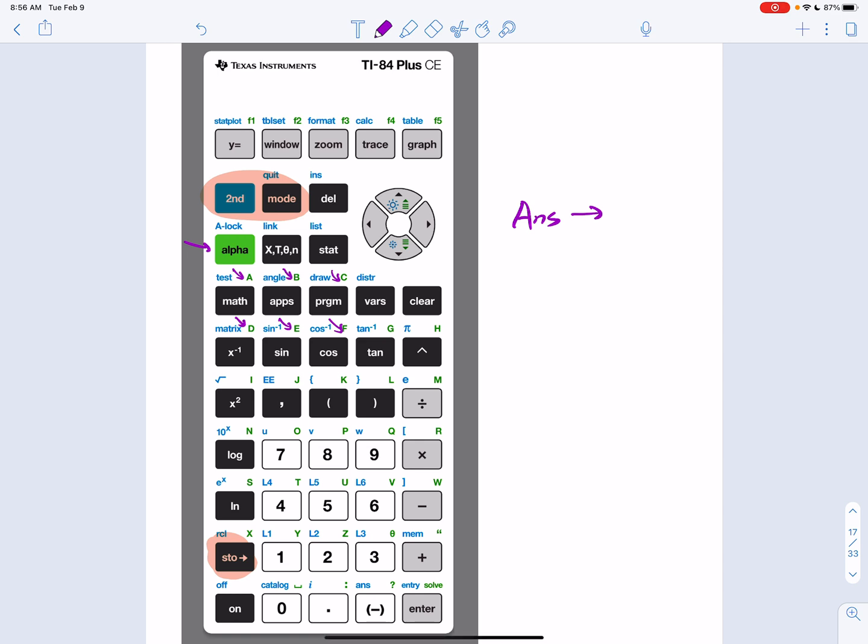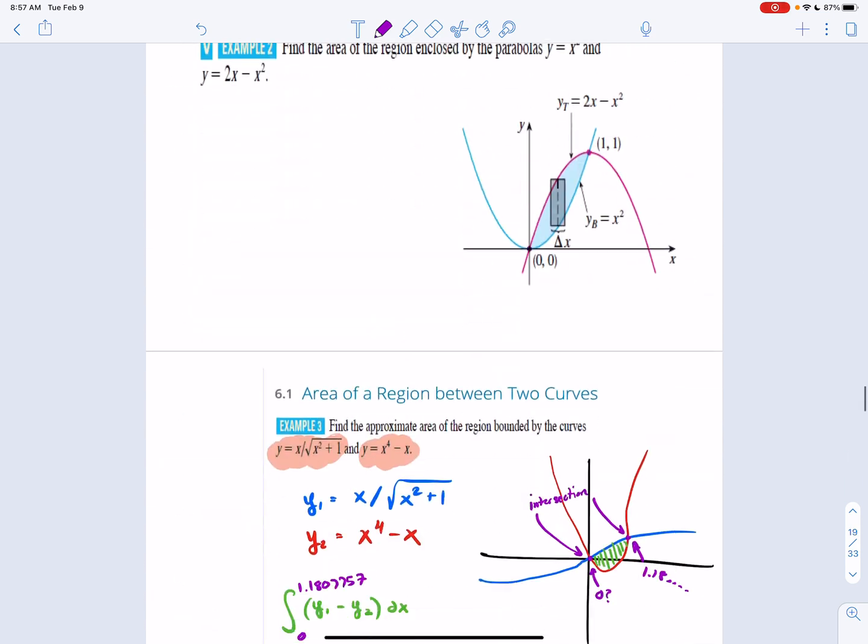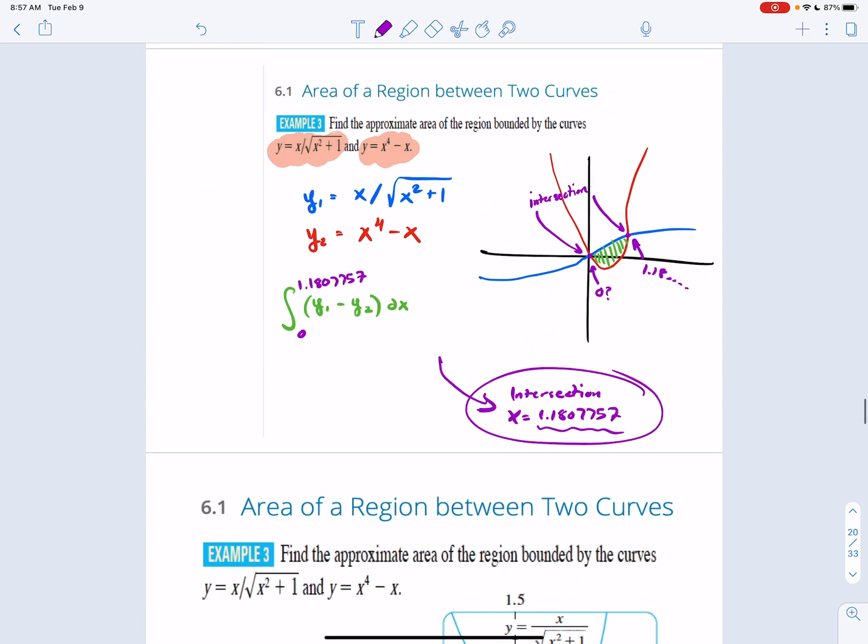So we press alpha, and then designate some letter. You could use any letter you want, but I like to start it off as A. So I would do alpha, then that math button for A, and then it should say that on your screen. Once you press enter, the calculator is smart enough to remember that every time you press A, it will represent the 1.180 whatever, okay?